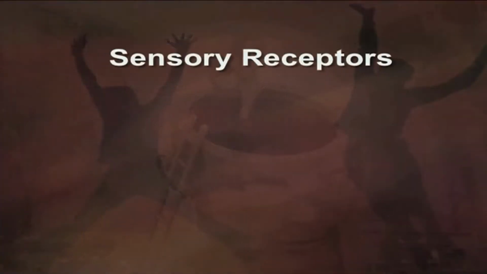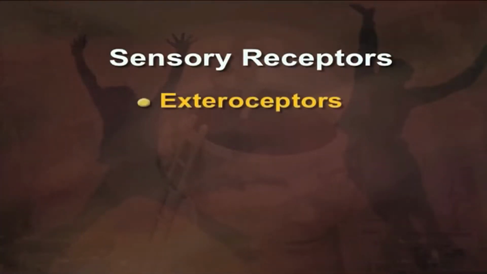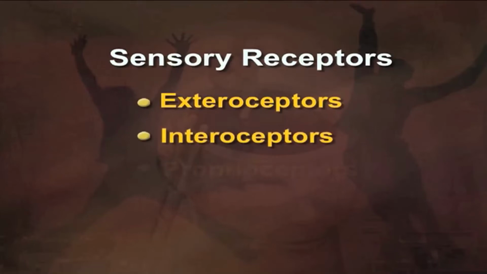There are 3 types of specialized sensory receptors: exteroceptors, interoceptors and proprioceptors.